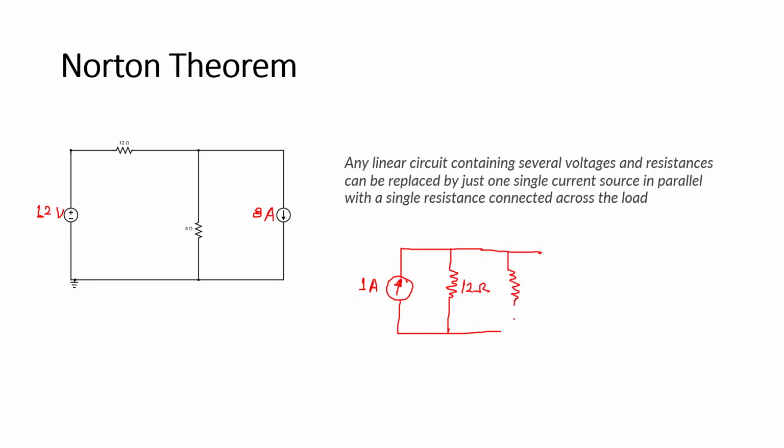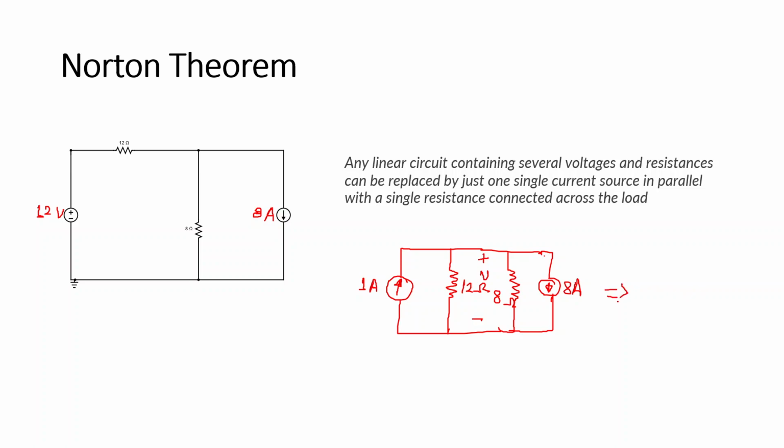Again we have another resistance of 8 ohms and another current source of 8 amps. What we need to find is the voltage across this 8 ohms. So it can be found easily from here.